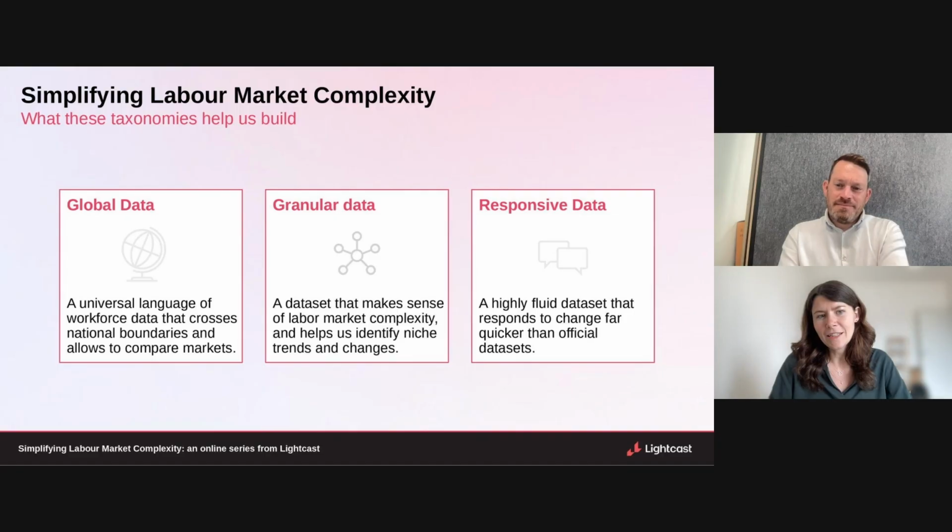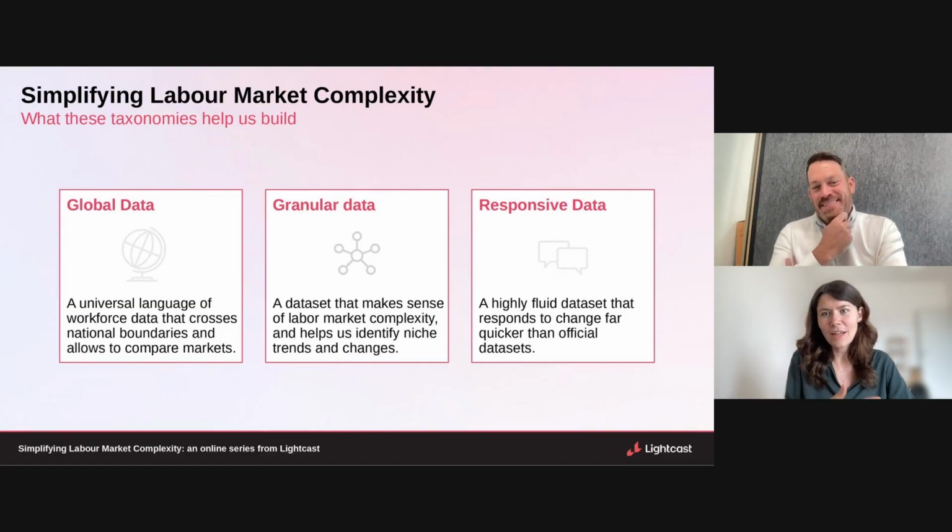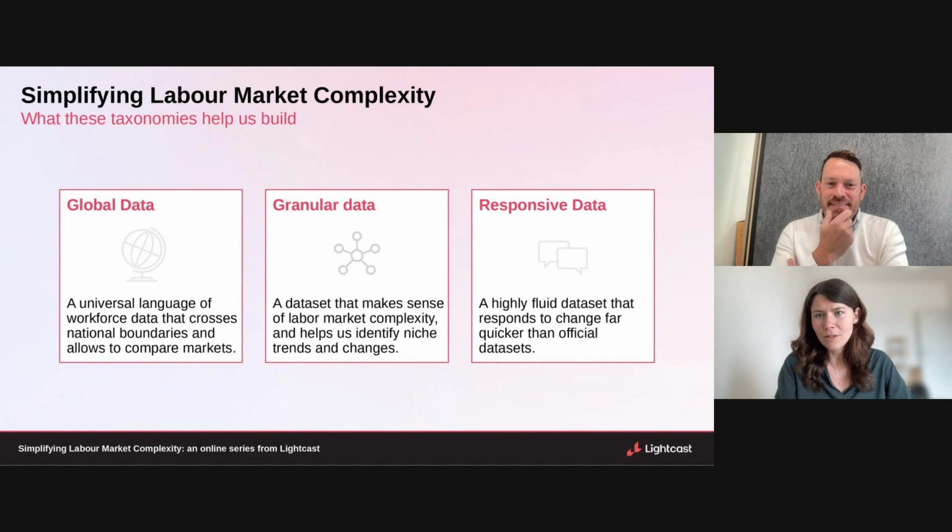But as Andy said, I can talk about taxonomies for a long time, but the real value is actually in linking this back to the type of questions and challenges that you may be facing right now in your work trying to navigate labor market complexity. So we're going to take it one by one and use some case studies from the list that Andy shared at the beginning to just go into the details.